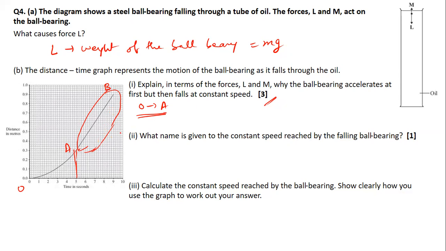Terminal velocity comes later on, but before that, you need to explain in terms of L and M. The question is very clearly asked. In terms of L and M only, you have to express. I don't want terminal velocity here. Terminal velocity is the one you are referring to; your outcome should be VT, but not now.